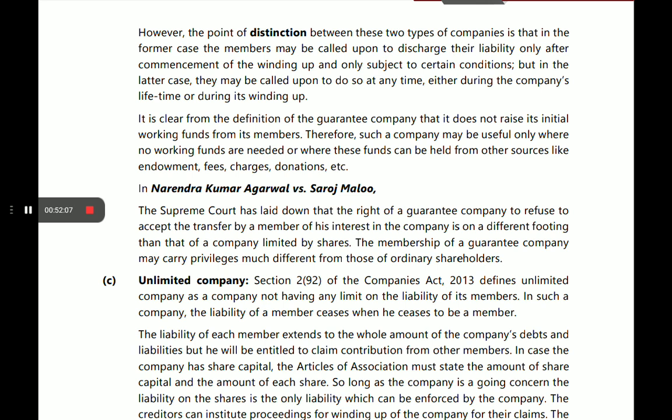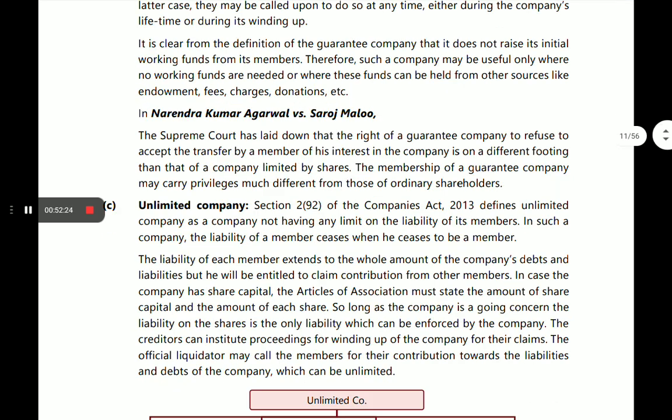The membership of a guarantee company may carry privileges much different from those of ordinary shareholders.